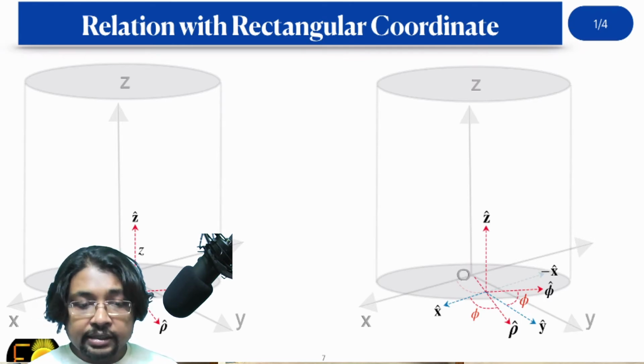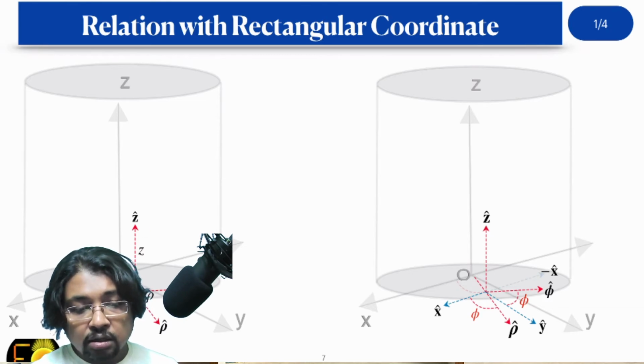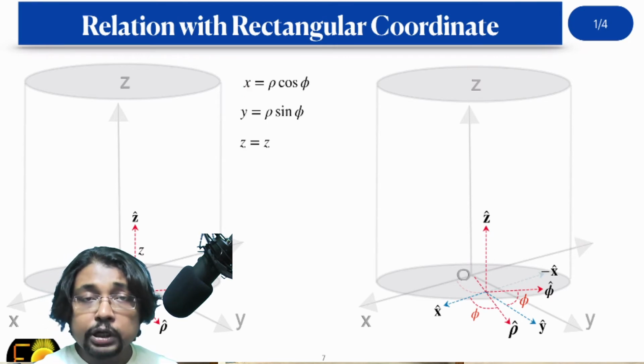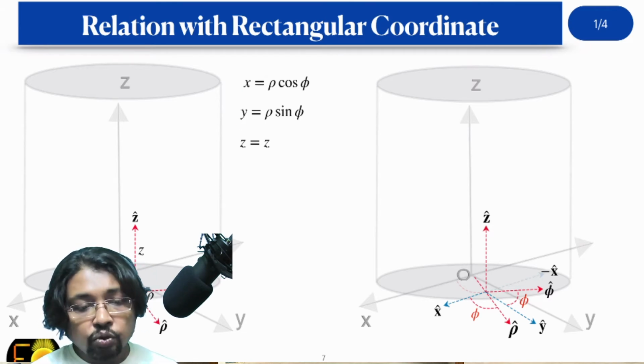Now they are related. Look at here. First of all, I'm going to calculate the length. That means how this rho, phi and z are related for a coordinate point x, y and z. For example, as you can see, this is the x coordinate of a particular point on the Cartesian coordinate, this is the y coordinate, and this is the z coordinate.